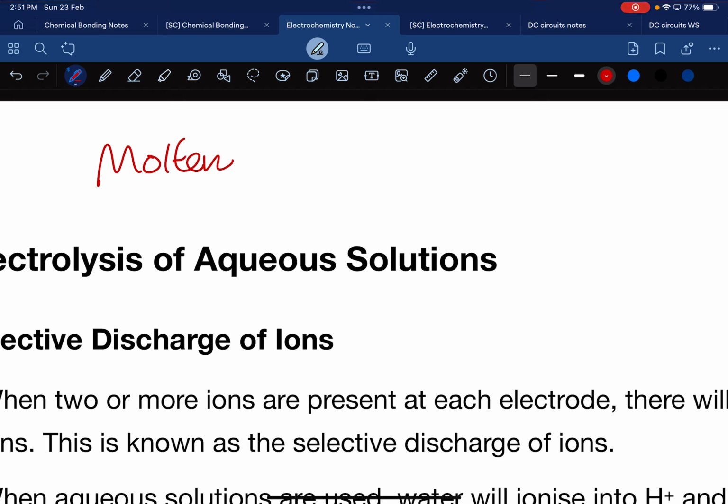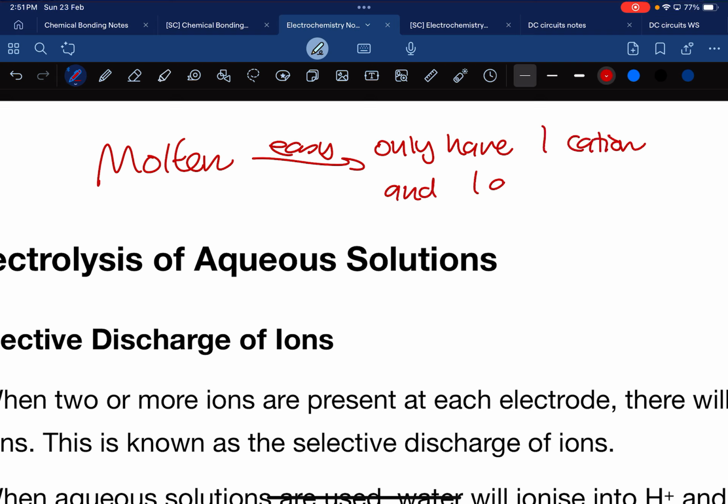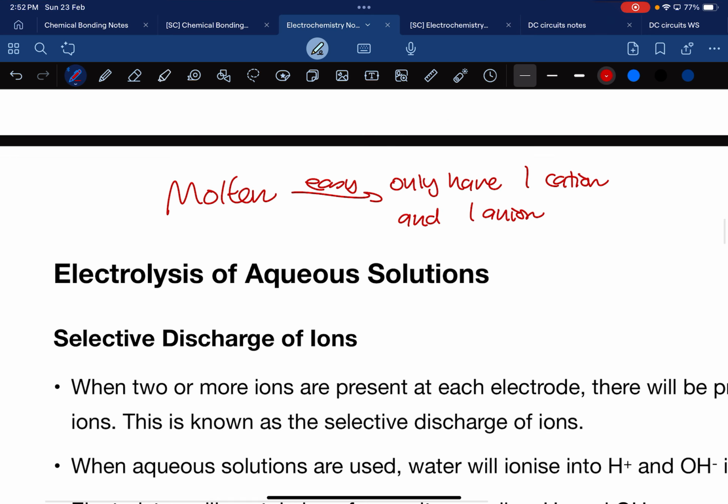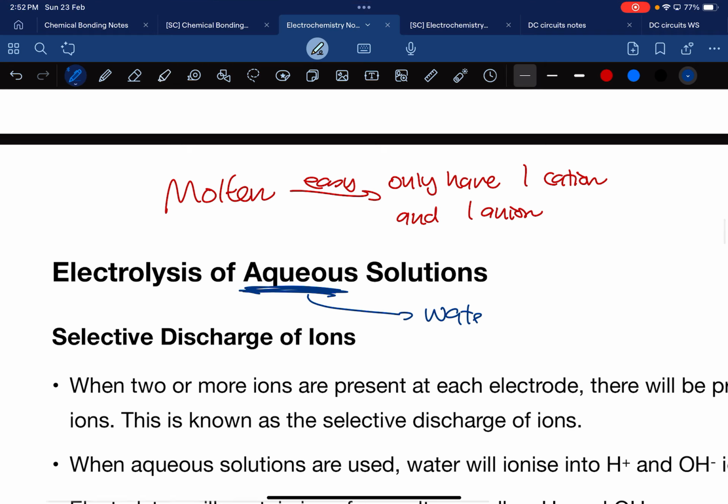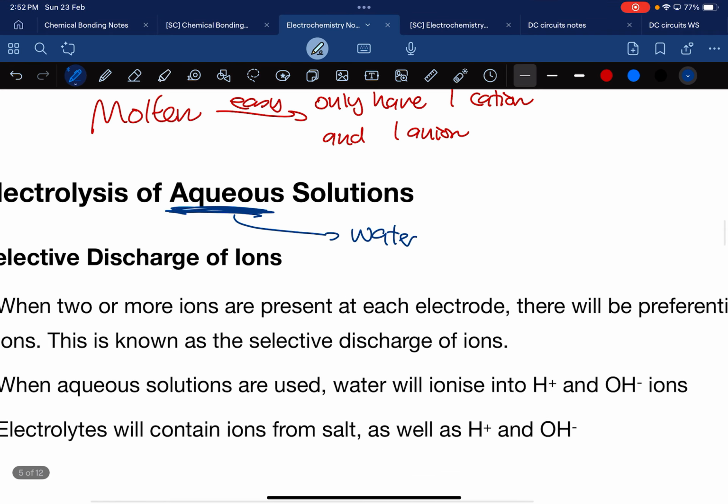Okay, molten is very, very easy because there is only one cation and one anion. So there is no issue. Your positive goes to the negative electrode, negative goes to the positive electrode. Finish. The issue is if I have aqueous solutions. Aqueous means there is water. Water means I introduce H plus and OH minus.